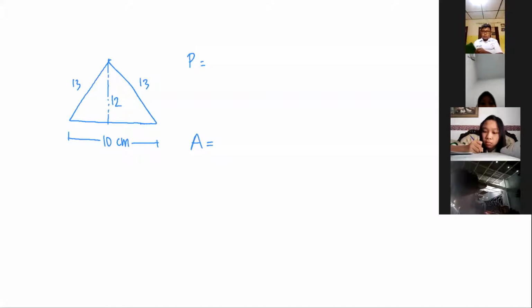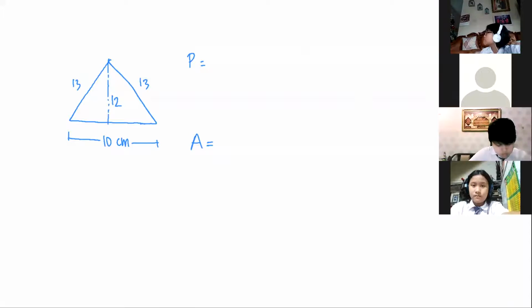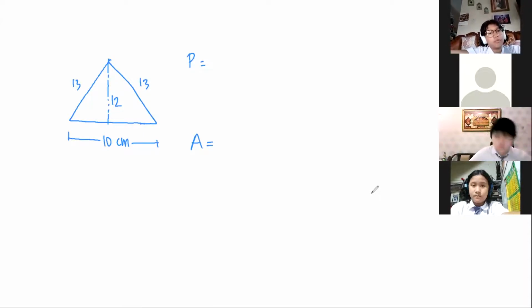Okay, Nona, perimeter. How about the area, Nona? Okay, Gracia and Brian are done. Nona also. Just number 3. You can chat your answer in the text chat column.